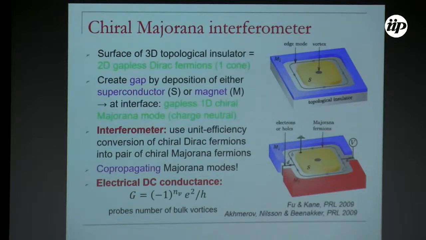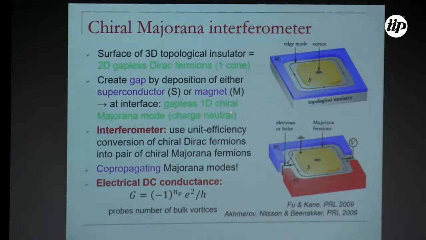So it's basically half a fermion, namely a Majorana fermion, and such an edge mode can be created by having interfaces between magnetically and superconductively gapped regions on the surface of a topological insulator.